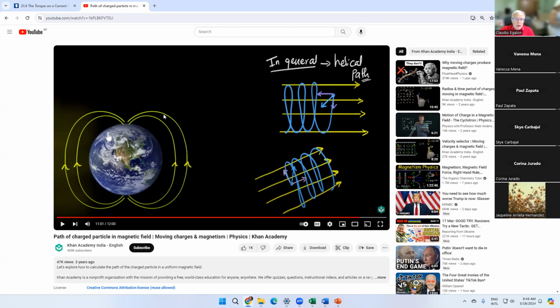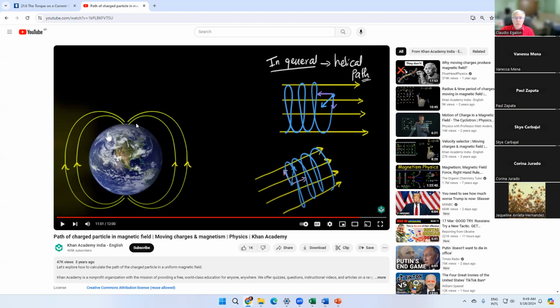And when those charged particles start to enter the atmosphere of the Earth, when they encounter the molecules of air, the nitrogen, the oxygen, a little bit of carbon dioxide there, right? They are going to collide with those molecules and make those molecules glow.